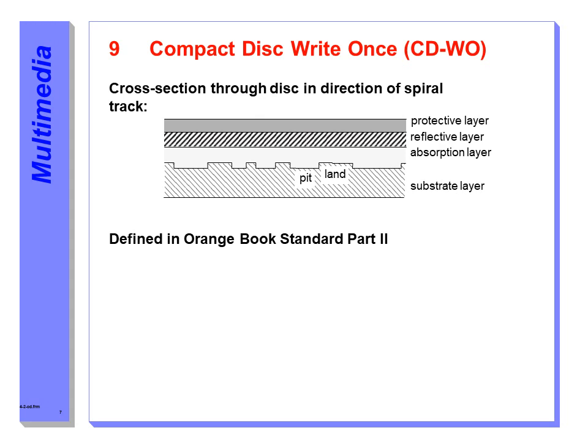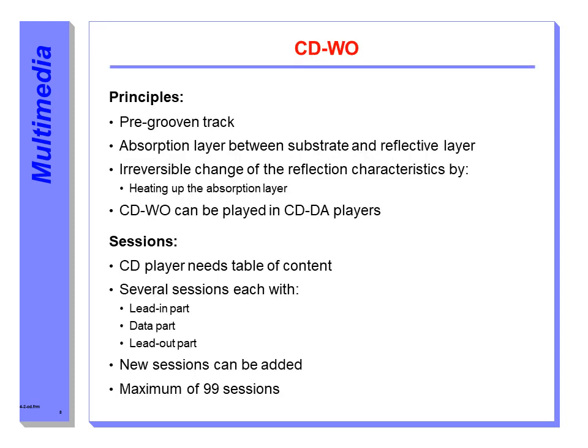You can see some of the diagram here: a sectional view vertically through the CD-R disk surface and the data track, the pre-engraved track. In all read-only CDs, the substrate layer, which is polycarbonate, adjoins the reflective layer. In the CD-R, there is an absorption layer between the substrate and the reflective layer.